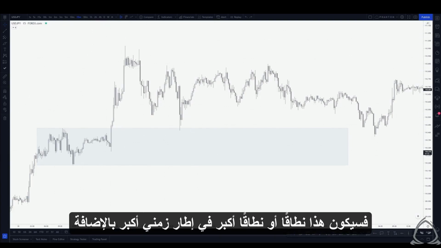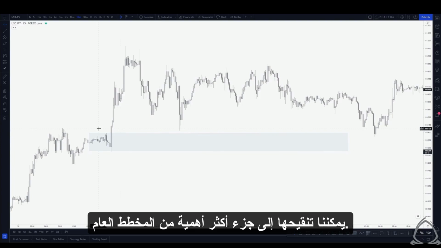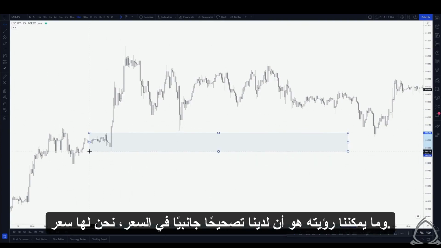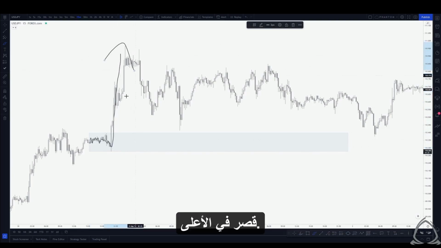This would be a larger range or a range on a larger time frame, as well as something that we can navigate our way just to the right, and we can refine it to a more important piece of the overall chart. And what we can see is we do have a sideways correction in price. We have price that's trapped more or less within this range, and then we get an expansion to the upside.